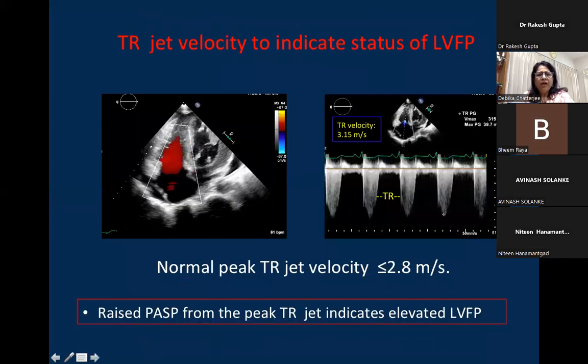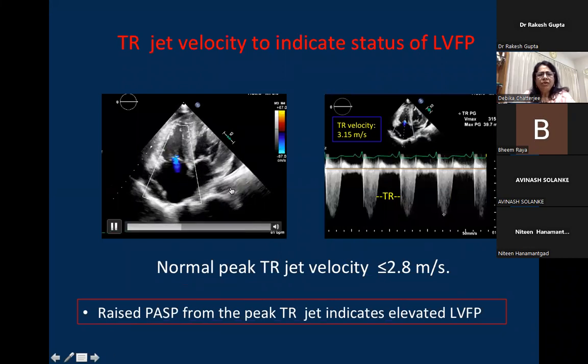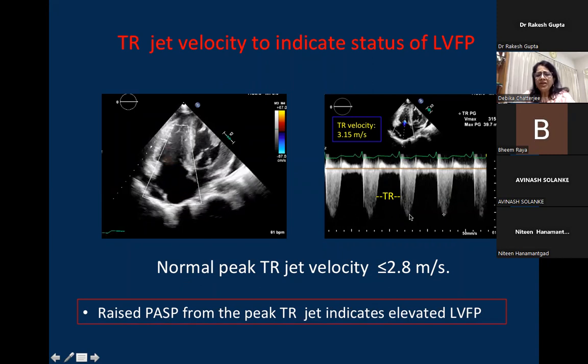Now, look, another parameter. This is a patient of cardiac amyloidosis. We get a whip of tricuspid valve regurgitation, and with the CW Doppler, we get the TR jet, and TR jet velocity is 3.15 meter per second, and TR jet gradient is 39.7 millimeter of mercury. Now, the normal peak TR jet velocity should be lower than or equal to 2.8 meter per second.